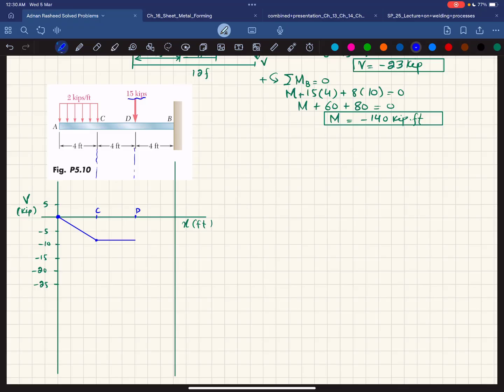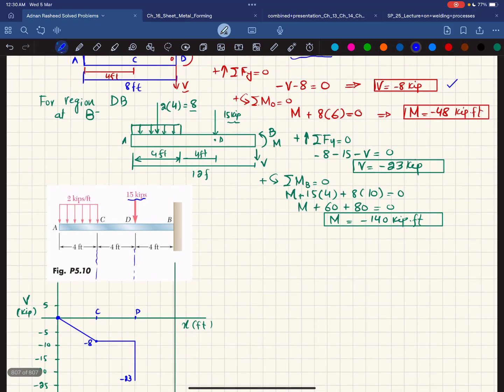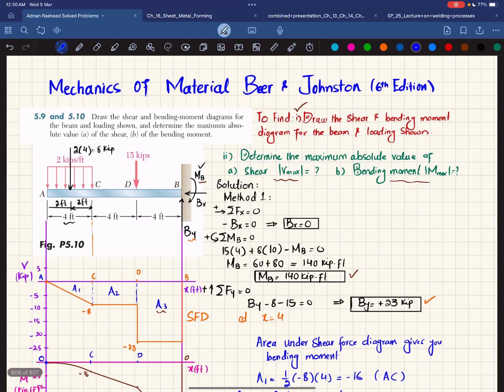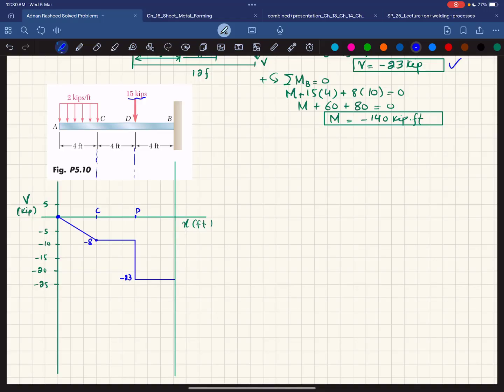So minus 8 minus 15 will be minus 23. So it will be somewhere here, minus 23. And just at B negative, it is minus 23. And at the end, you have this reaction at B, which was plus 23, which will make it close. And this will be your shear force diagram.